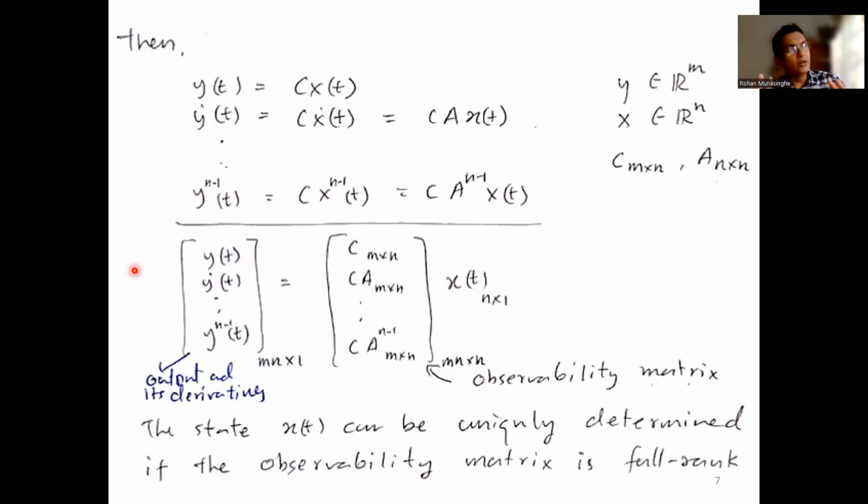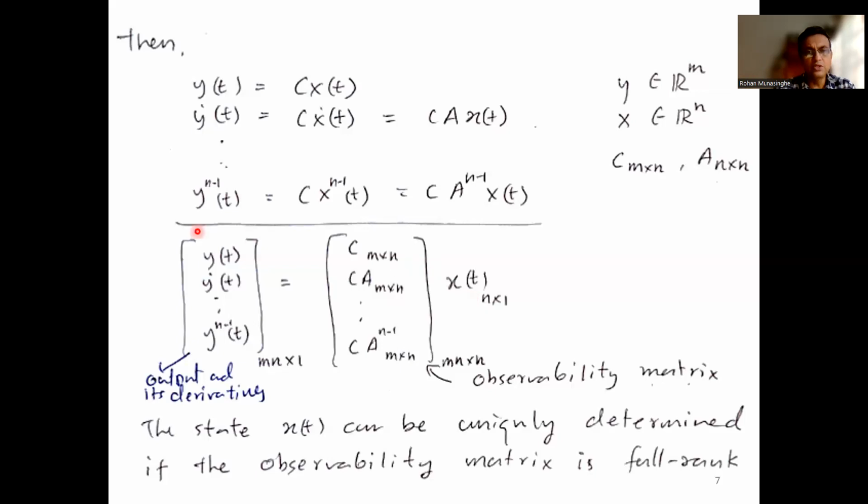So is it clear now? Maybe this is a bit more confusing than the controllability. It is about estimating this vector xt. We want to estimate xt. Xt is all the state variables, x1, x2 up to xn. And we don't have sensors to measure all of them.